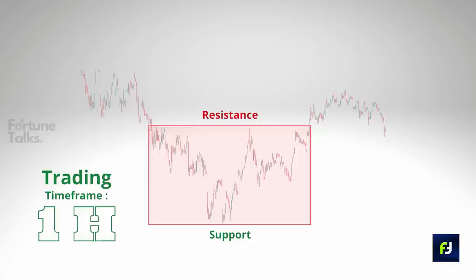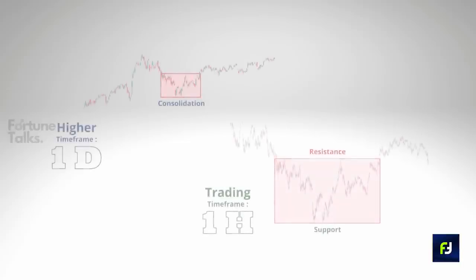This is a pretty good technique that you can use to find support and resistance trading opportunities in the market. You can also use it for even shorter time frames like 15 minutes or even 10 minutes. The only thing to keep in mind is to appropriately select a higher time frame and find a tight consolidation in the higher time frame so that you can find the support and resistance trading opportunity in the lower time frame. Now that is it for this video.